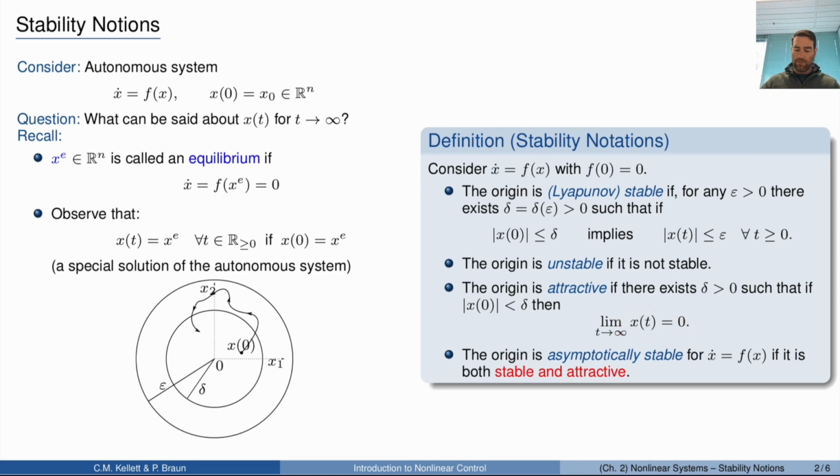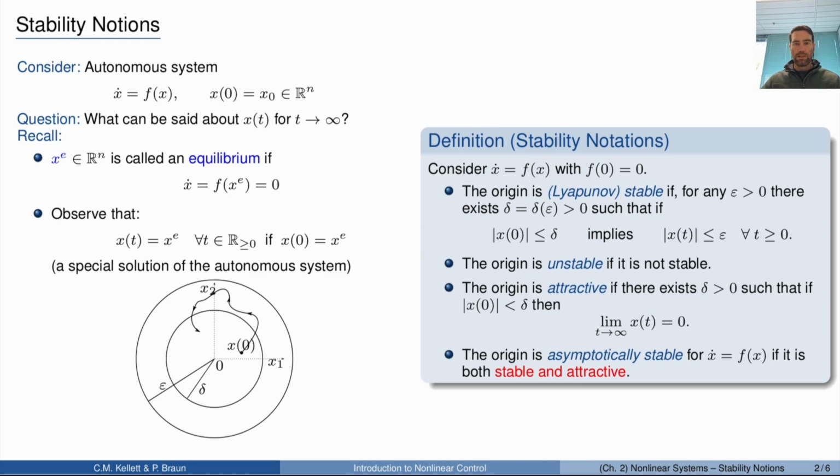And the final definition here is asymptotic stability, namely if we have the properties of stability and attractivity, then we say the equilibrium is asymptotically stable. And note that attractivity indeed does not imply stability, and we have to assume stability and attractivity to conclude asymptotic stability.